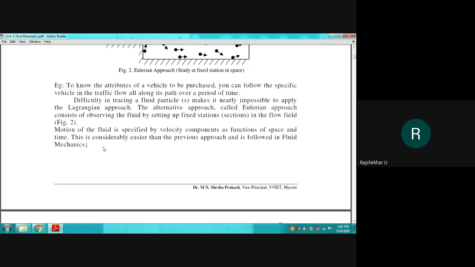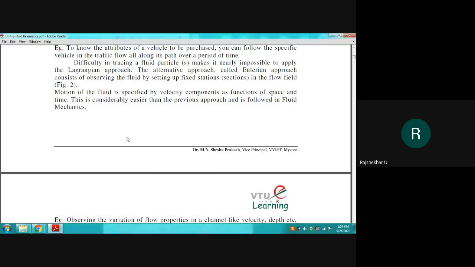But at a particular point, if you are measuring the speed of a vehicle or n number of vehicles, you can easily measure the speed, acceleration, or any other properties. Correct? So when fluid is moving continuously, it becomes very difficult to measure all the properties. That is the limitation. So the Eulerian approach is comparatively easy and practically feasible compared to the Lagrangian.